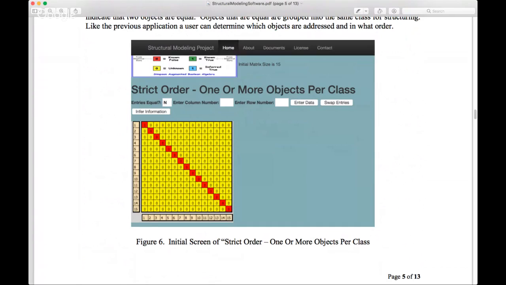And if they're equal, then it will create a class of those two objects, take those two objects out of the main matrix, and create a list of those objects below the main matrix. In fact, it won't take both objects out, it'll only take one. The leading one will represent the class in the matrix. But every time you have entries that are equal, the matrix will have to be reduced by 1.